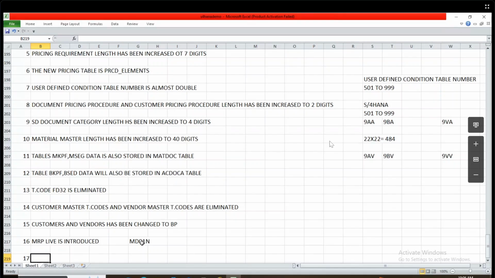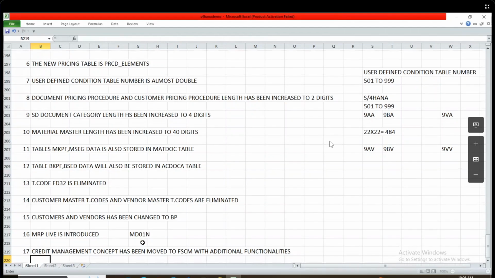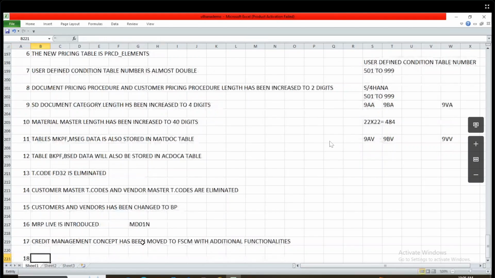Credit management, this we already discussed, just take it. Credit management concept has been moved to FSCM with additional functionalities.